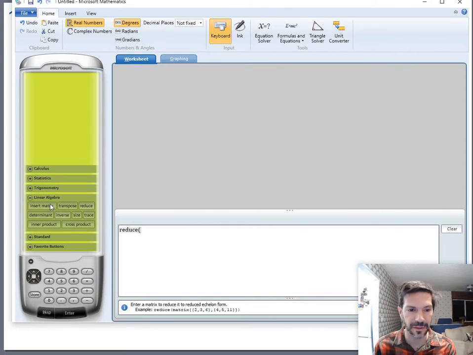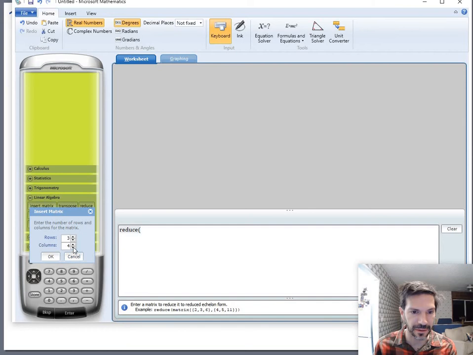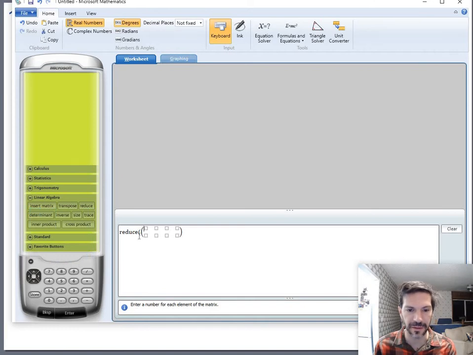So reduce, and we want to insert a matrix. We currently have a 2x4 matrix. So we'll say okay. They tell you down here you can type all this stuff in without clicking if you're more of a keyboard person. But anyway, let's go ahead and type this in.